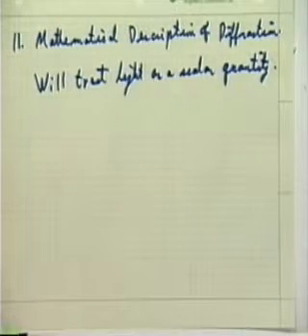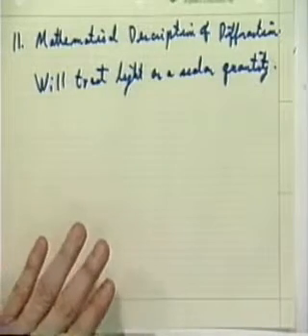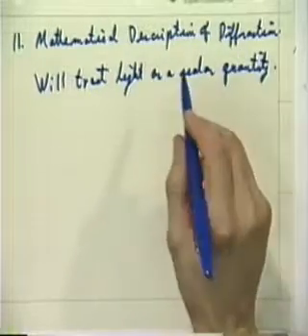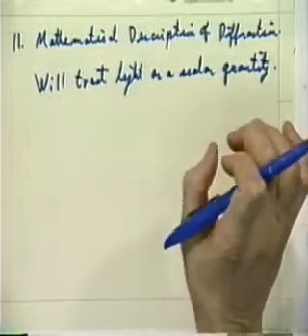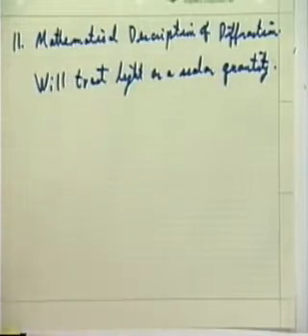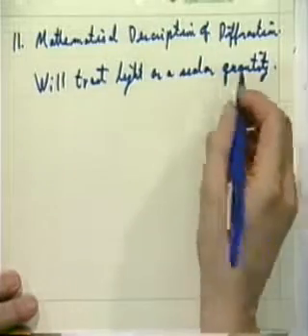But the end results are so close to what you get if you go through all the pain and suffering of doing a vector analysis, as long as the features that you're looking at, say the diffracting aperture, are large compared to the wavelength. So maybe I should write that down.